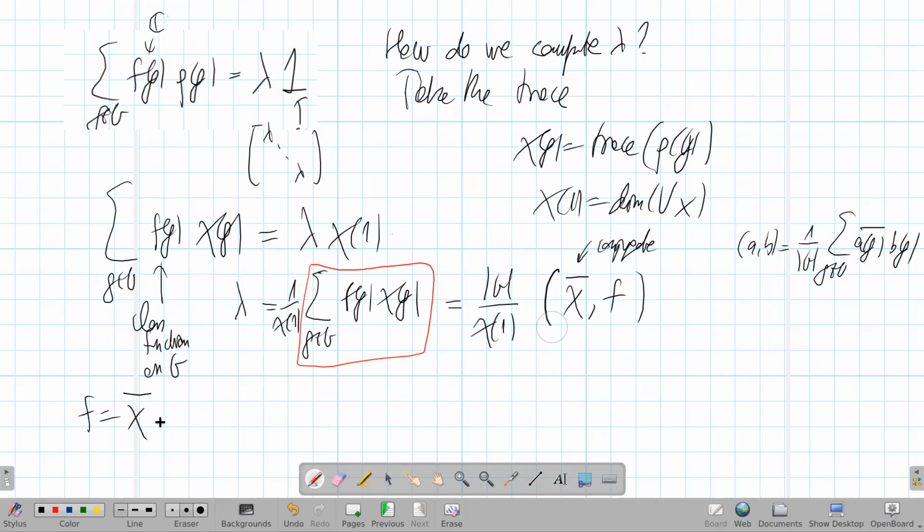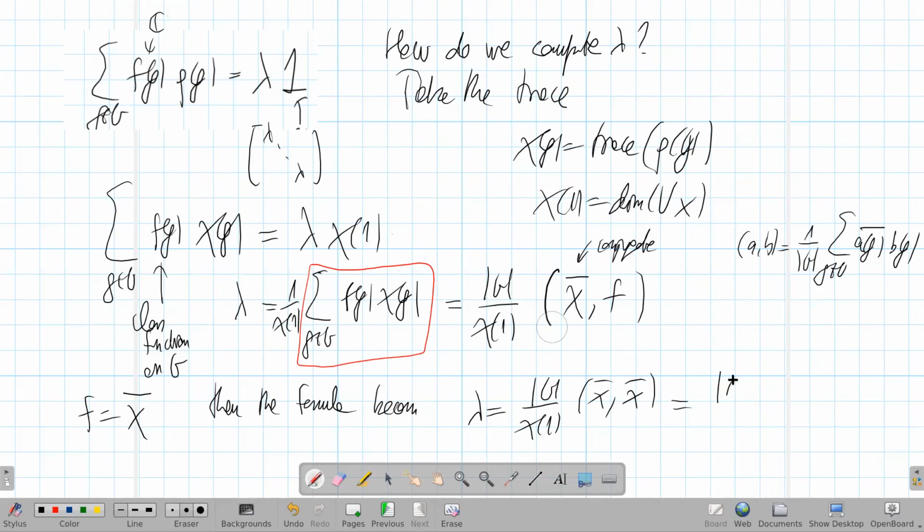So this is just the conjugate of the character. And then the formula becomes lambda equals the order of G over chi 1, okay? And since chi is an irreducible character, so its conjugate, this equals this element, okay?